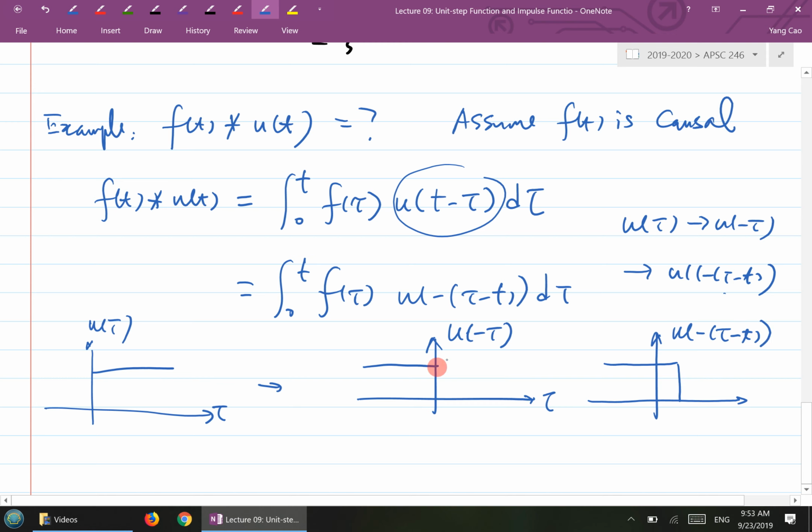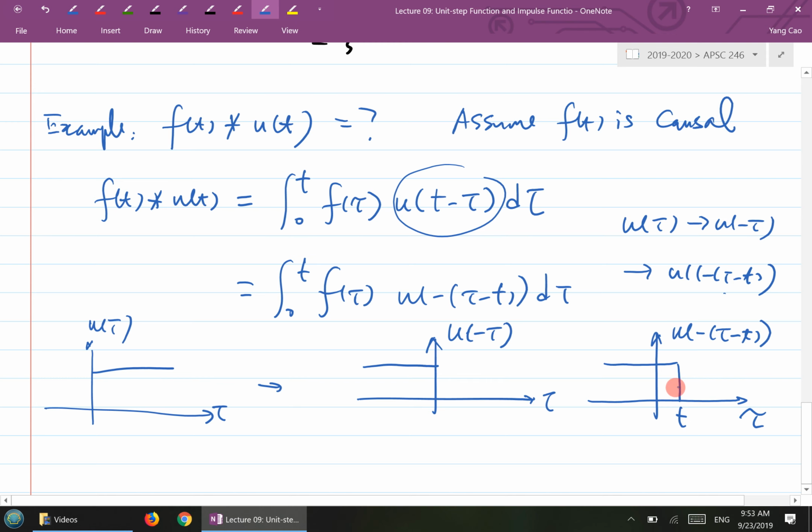So shifting this u of negative tau to the right by the amount of t. Okay? So this is u of negative tau minus t. Is that good? Okay.